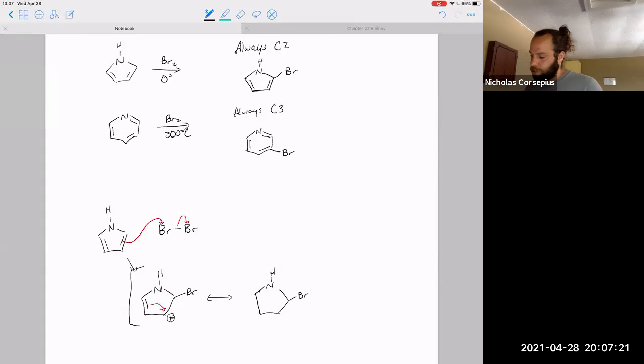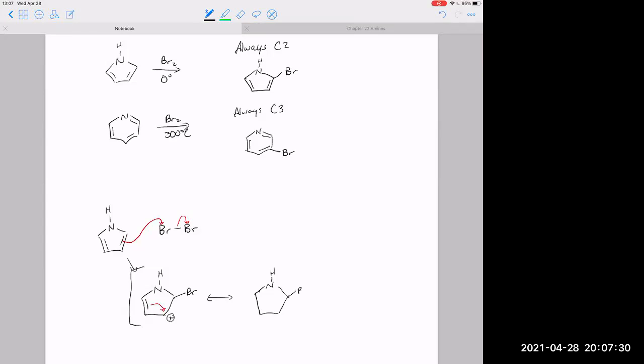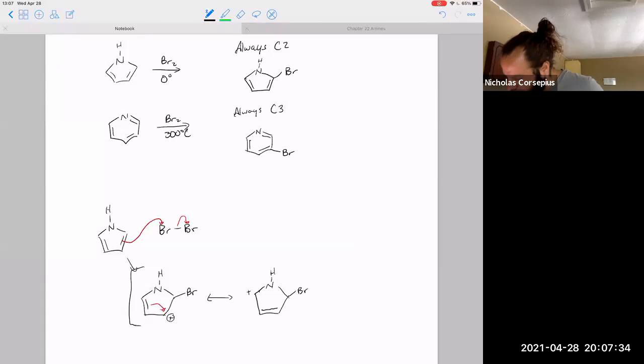Now where's the positive charge going to go? My pentagon skills are just no good. You're okay. It's going to go on the C5. Yep, so now my positive charge has moved over there. And then what's the next step in terms of this resonance stabilization?